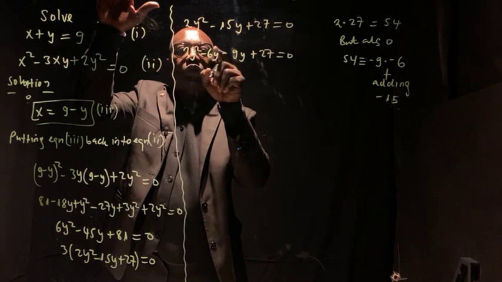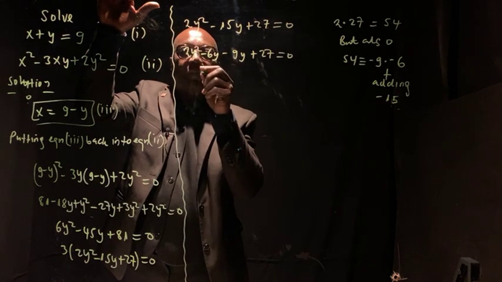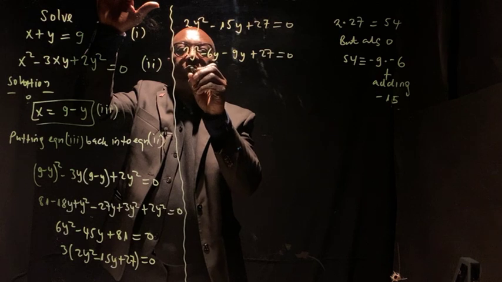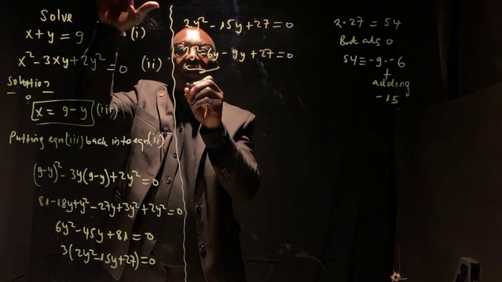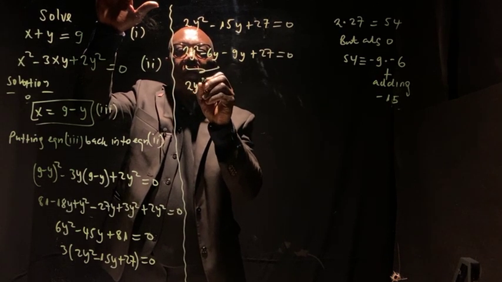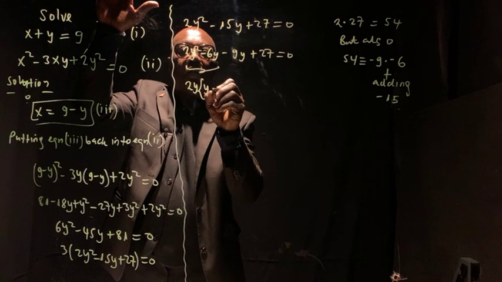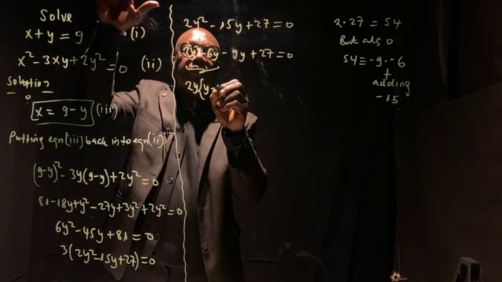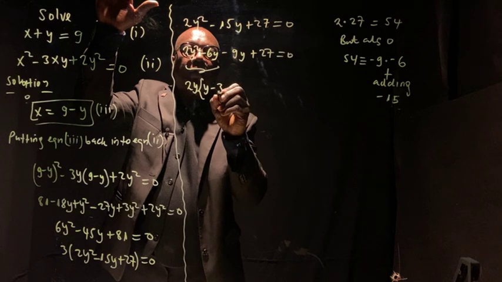We are picking this one and this one to factorize 2y outside. So from this one and this one, we'll have 2y, minus 3.